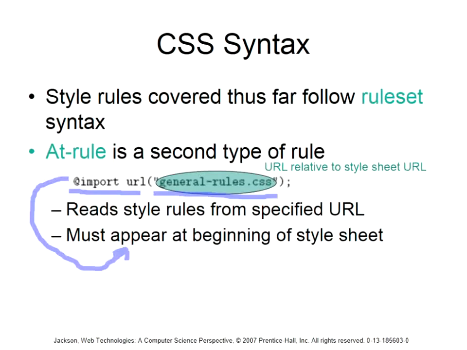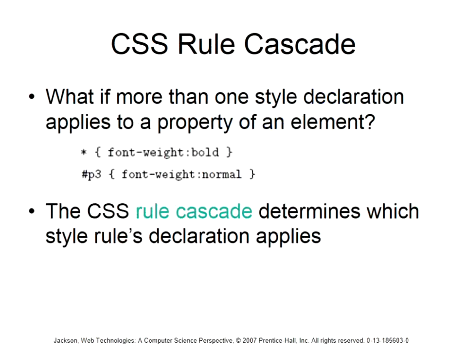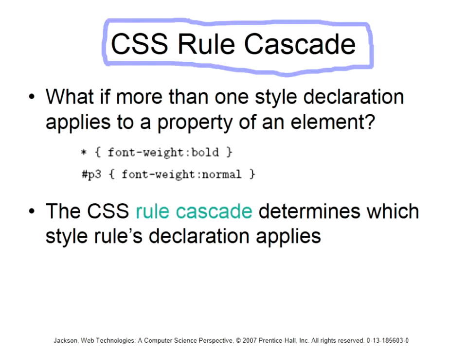Okay, let's move now. So import must appear at the beginning of the style sheet. So let's move now to an important topic in CSS. The topic is the CSS rule cascade. So why do we talk about cascading style sheets? What if more than one style declaration applies to a property of an element?